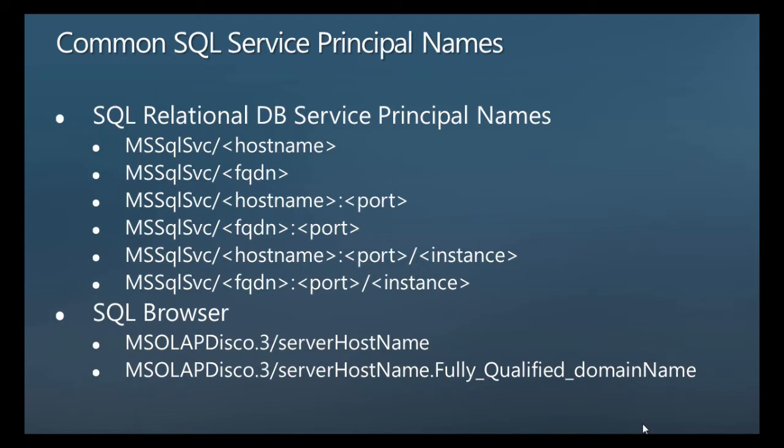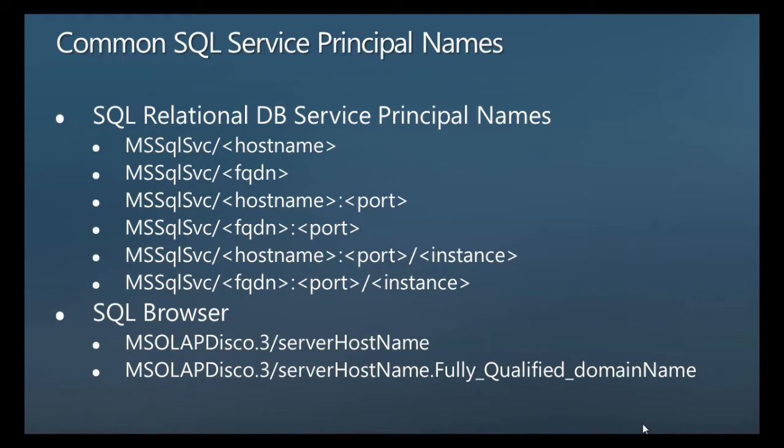So if you're running on the standard port 1433, you would use 1433, and if you're using a non-default port, you would put that port number here. Finally, if you're using a named instance, you also need to include the instance name using the /instance syntax.